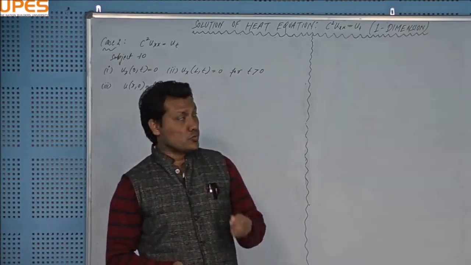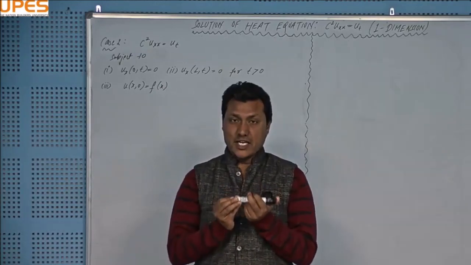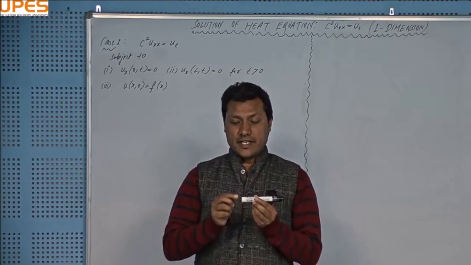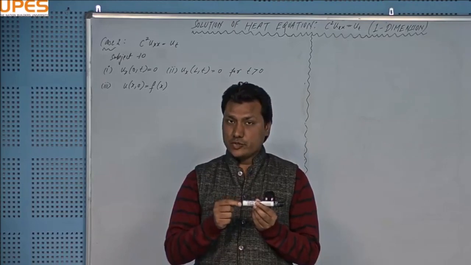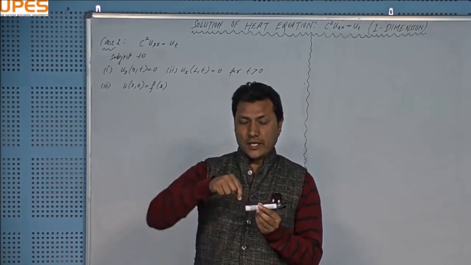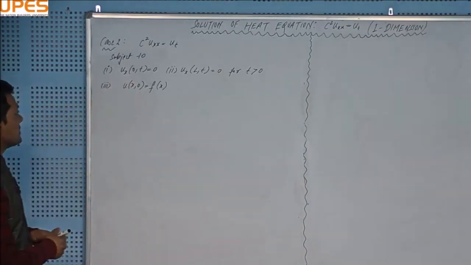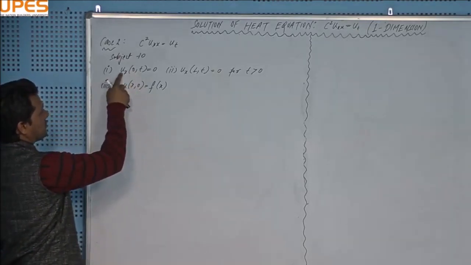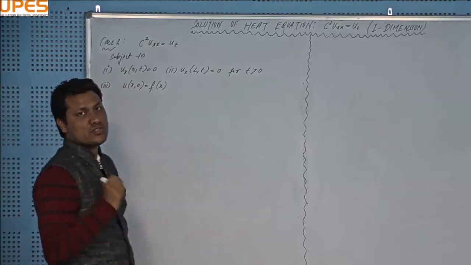And what do we mean when we say that both the ends are insulated? It means that there is no heat flow along the x-axis at any end, because each end is perfectly insulated. What does this mean? At your left end, that is x equal to 0, the change of temperature along the x-axis is 0.